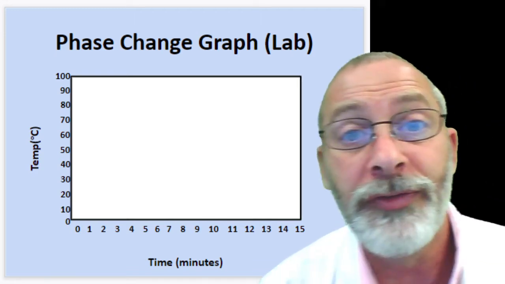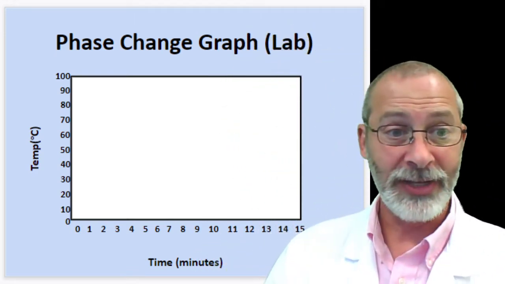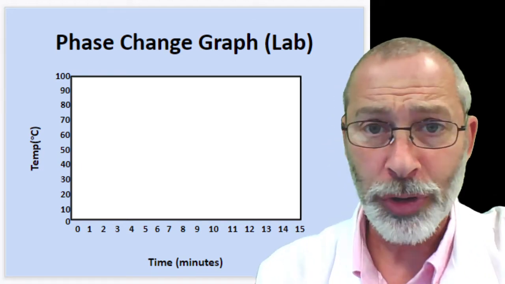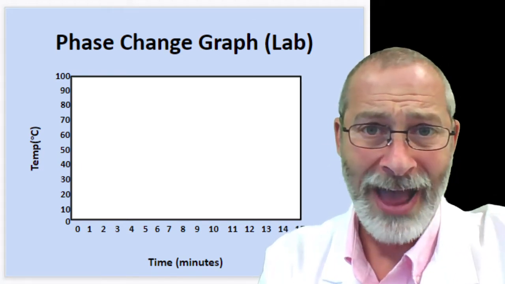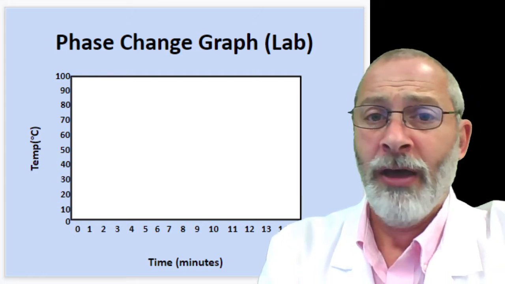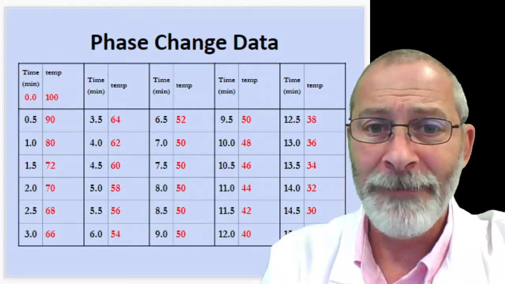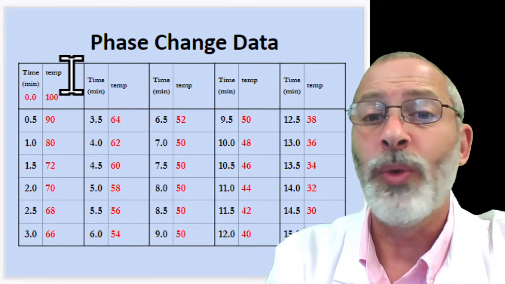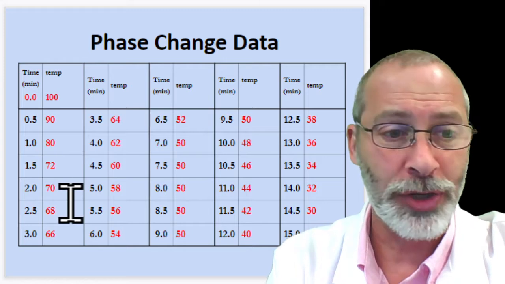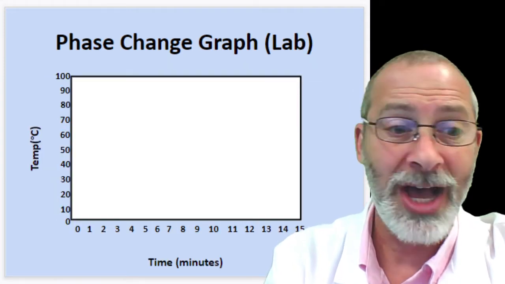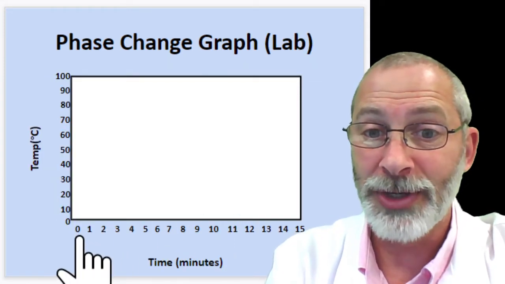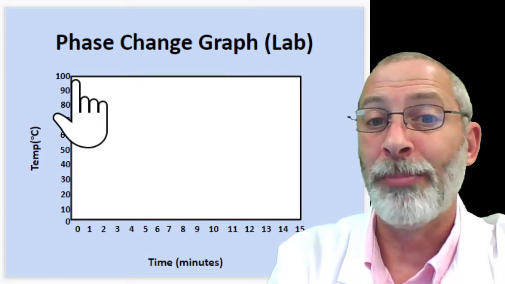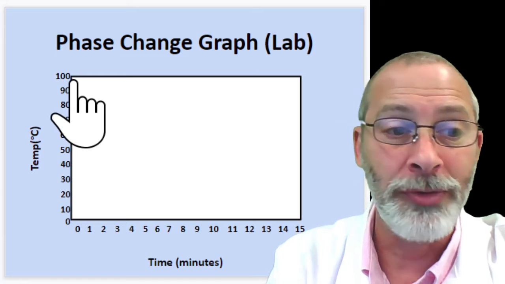All right, now that you've gathered all of your data, it's time to plot your data points. You're going to be creating a line graph, a smooth line graph, first by plotting on the x-axis the time values and the y-axis the temperature values. So for time 0, the temperature was 100 degrees. So you're going to plot your data point at 100.